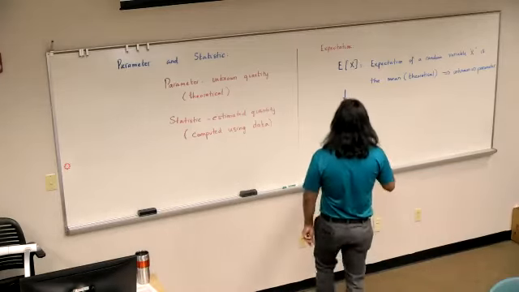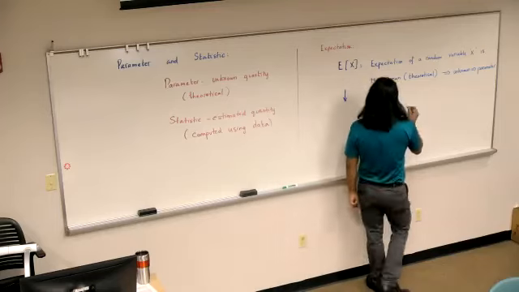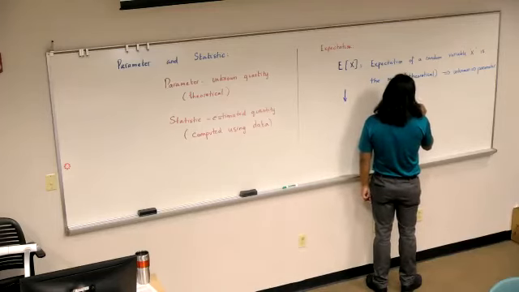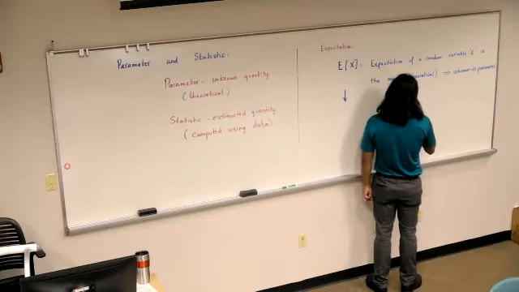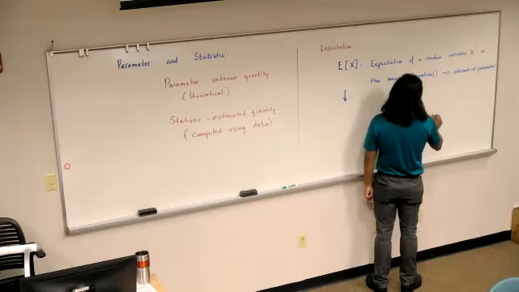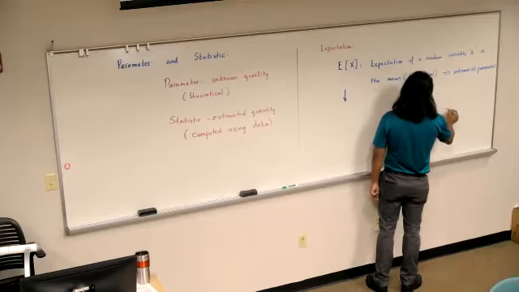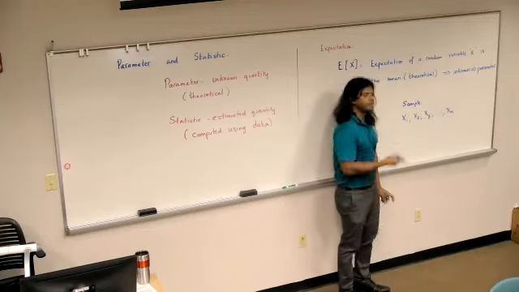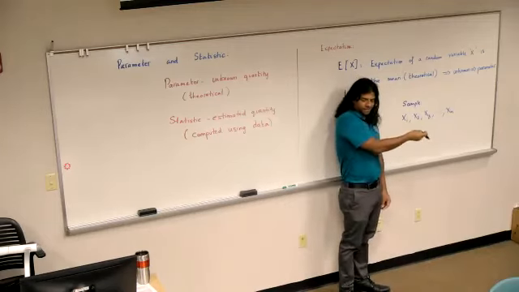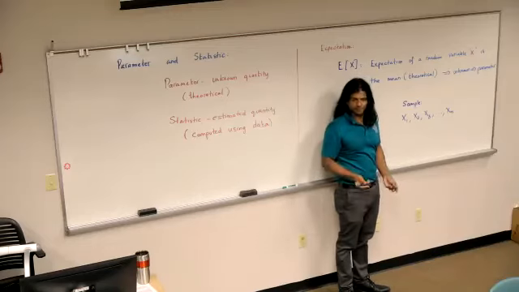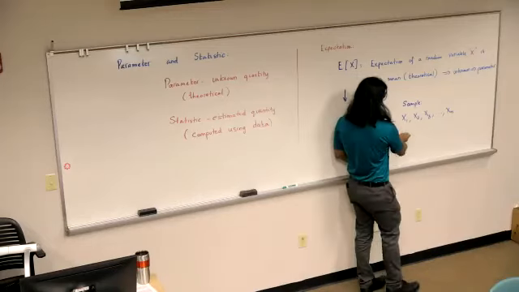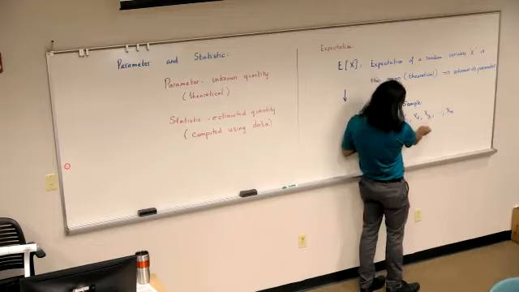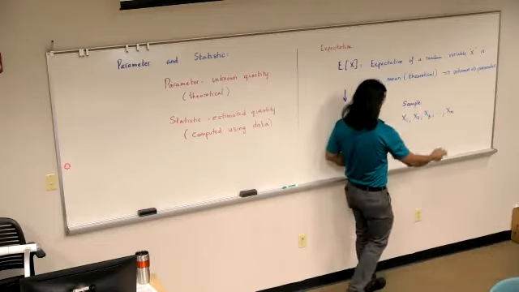So suppose I have a sample: X1, X2, X3, all the way up to Xn. Each random variable could be some number, right? That could be 10, 10.5, 12, 16, whatever.